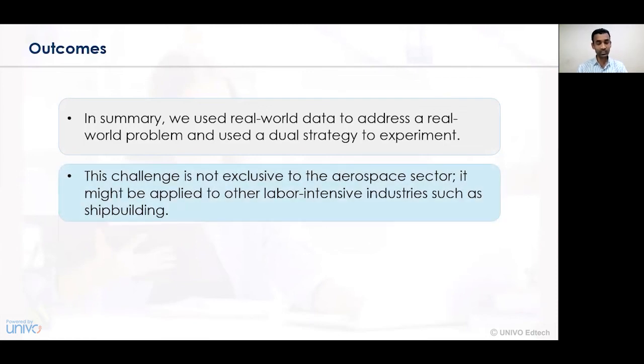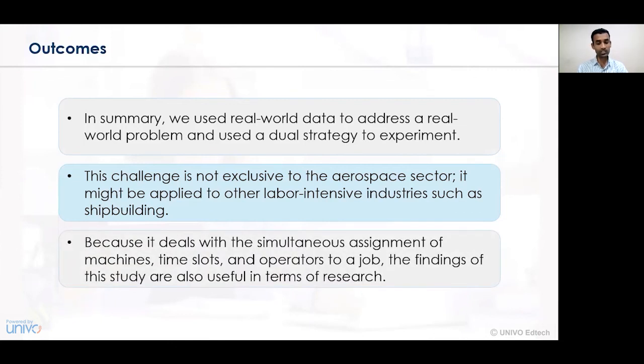The challenges exclusively related to the aerospace industry focus on how various labor-intensive industries, shipbuilding industries, or the aerospace industry can apply the MILP model and how it can benefit in the long run or the short run. This case study also deals with the simultaneous assignment of machines, time slots, and operators to a certain job. And the findings of this case study are also beneficial for research purposes.